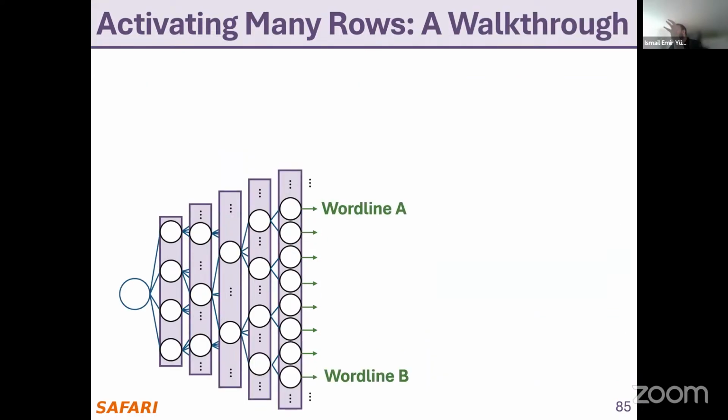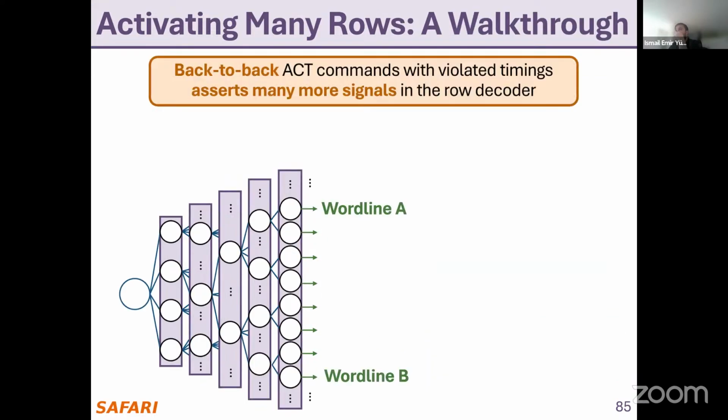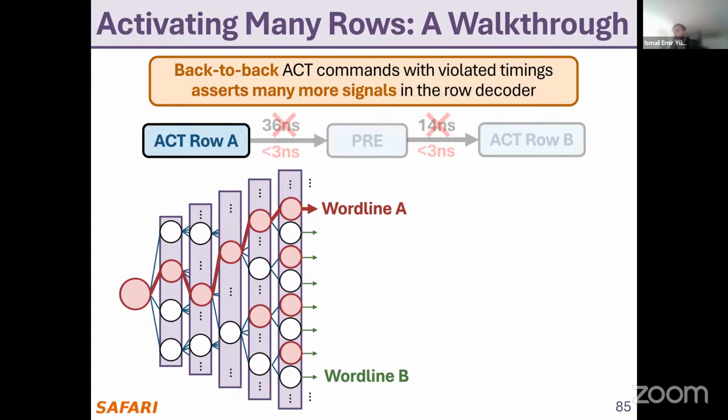Now, let's see how we activate multiple rows. Back-to-back commands with violated timings assert many more signals in the row decoder. First, again, the same example: we activate row A, which asserts many signals and asserts word line A. Then we issue back-to-back precharge and activation commands. We don't give enough time to the precharge circuitry to deassert the word lines, and we activate another row.